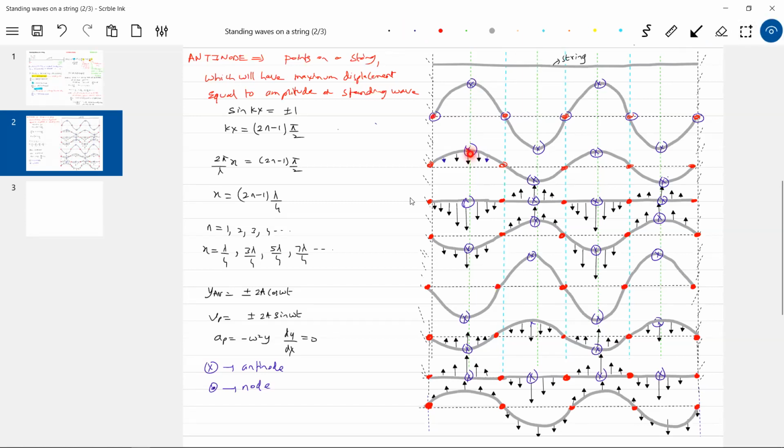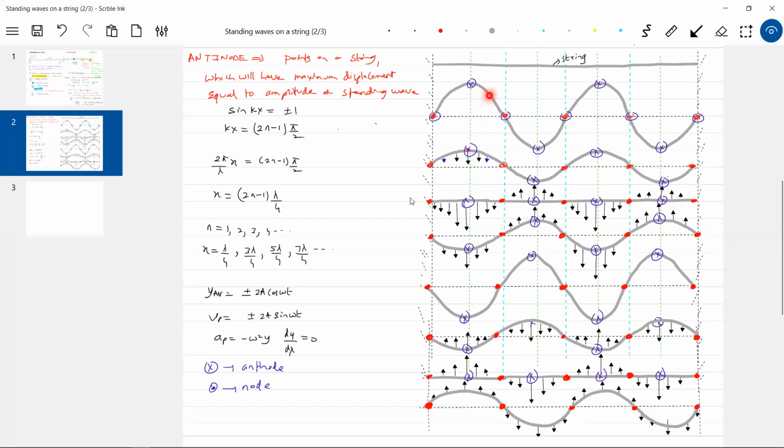Then finally, when the string becomes horizontal, the antinode will have maximum speed. All points on the string, leaving this node, are at their maximum displacement. But all points cannot have amplitude equal to 2a. You look at this: the maximum displacement of the antinode is equal to 2a. What about this?